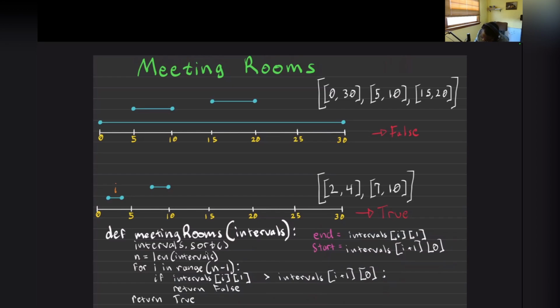And let's see a walkthrough of this example. All right, so we start off, i is equal to 0, okay?